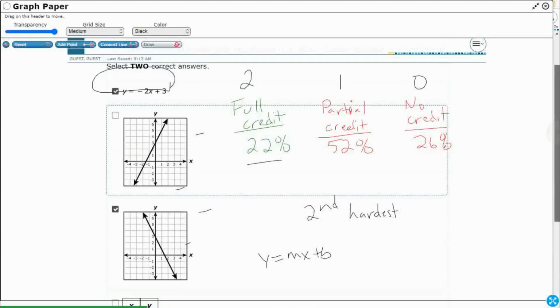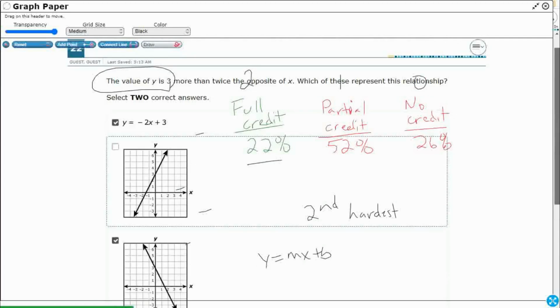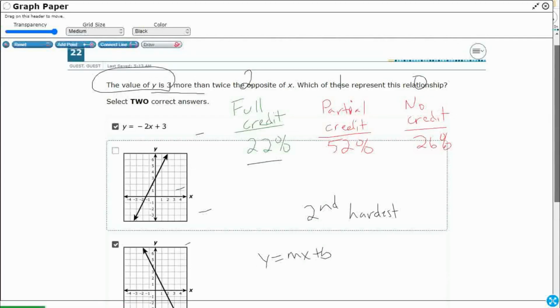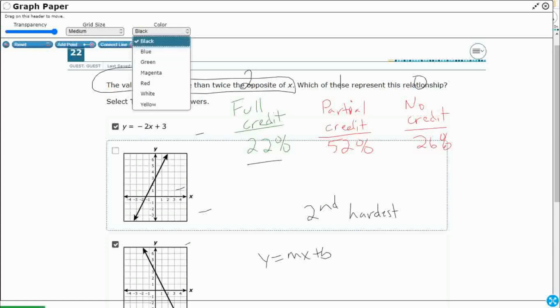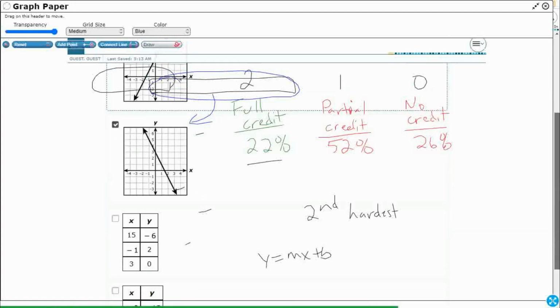So this means that our students need many opportunities to, first off, figure out what this is, right? So practice taking a slope-intercept form and writing it out in words, because you're going to notice it's going to look a little bit different. So that took a little bit of translation. Then taking that slope-intercept form and translating it into some graphs or into some tables as well for practice.